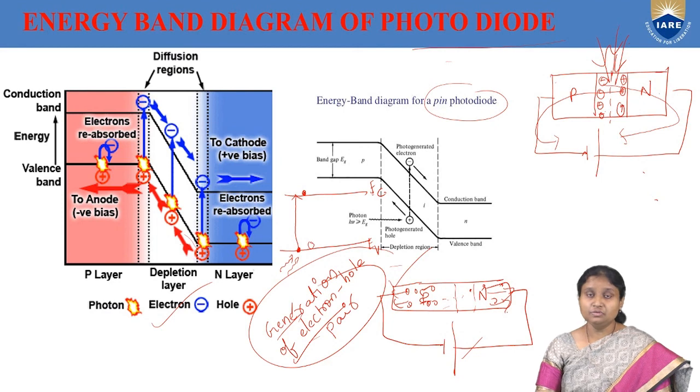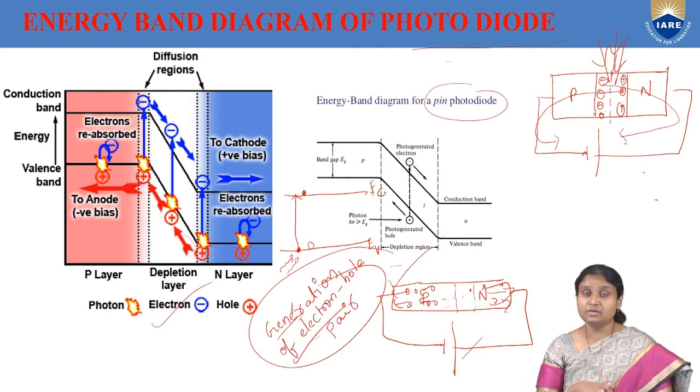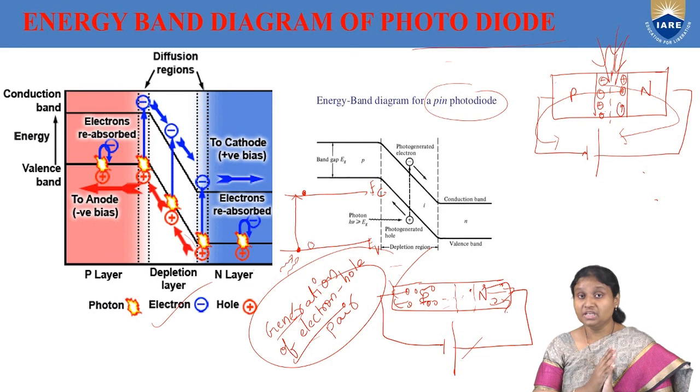So in this video, first the individual energy band diagrams of p-type and n-type semiconductors were taken, and we have seen the location of the Fermi energy level in p-type as well as n-type material.